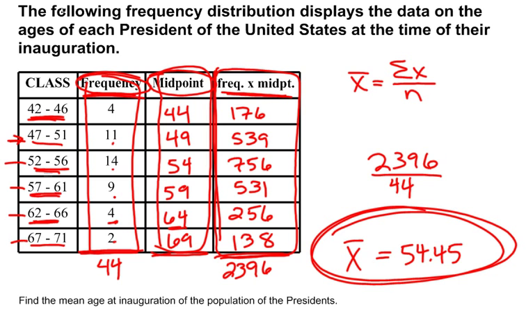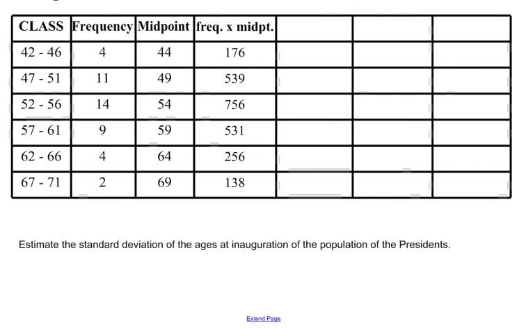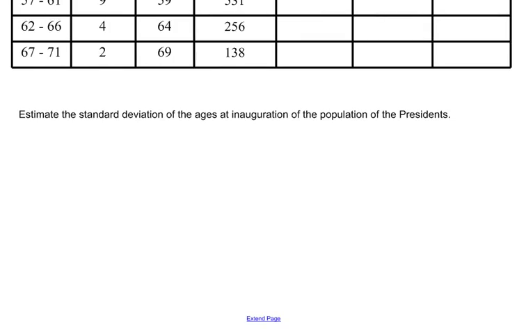Let's say we continued to work with this data and we were asked to find the standard deviation of the ages, and that becomes a much more involved process. Remember, standard deviation, which we'll call S, is the square root of the sum of each item subtracted from the mean and squared.